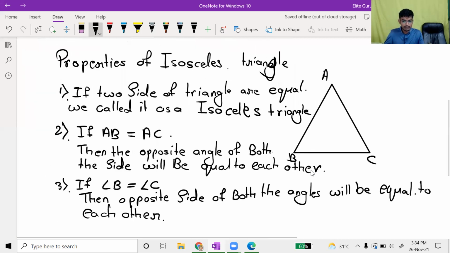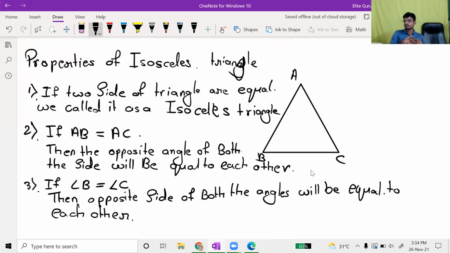You can see it properly, na beta? Yeah, I can see it. Just write it down. So these are the three major important properties for isosceles triangles. Okay. Yes, sir.